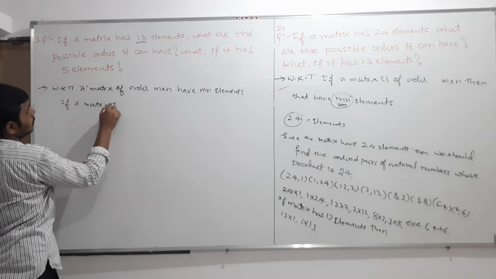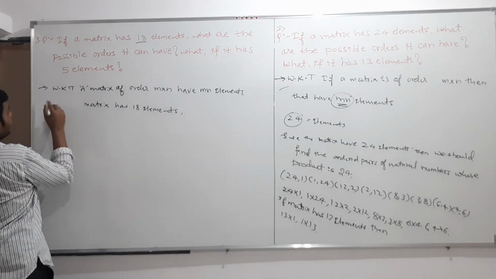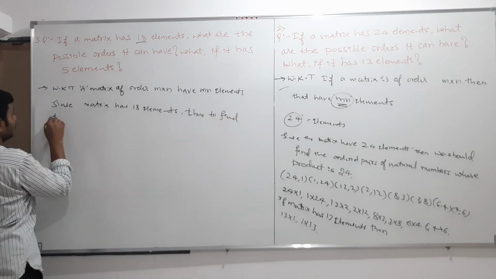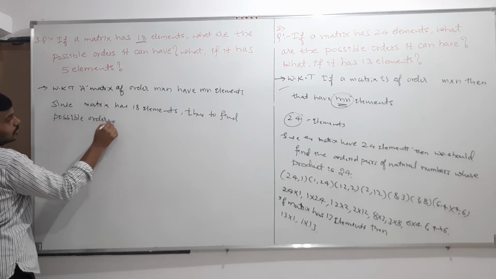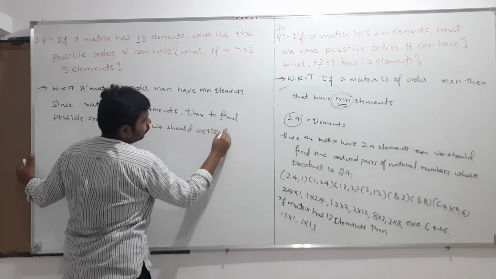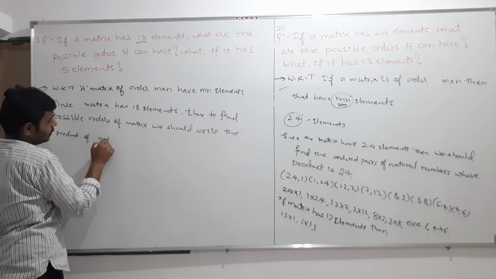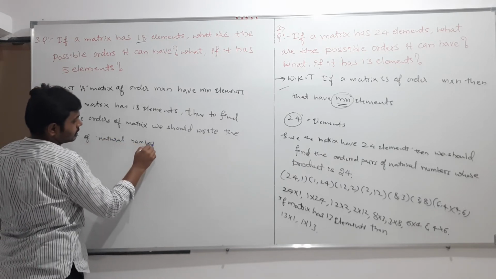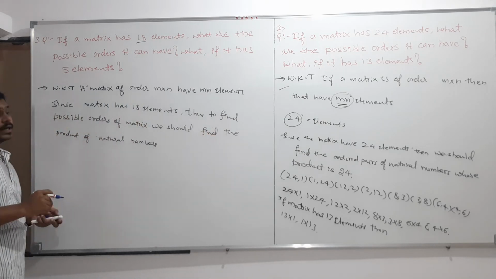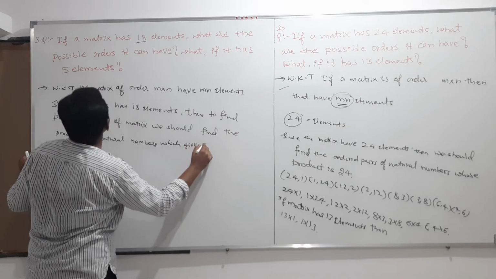Since the matrix has 18 elements, to find the possible orders of the matrix we should find the product of natural numbers which gives 18.